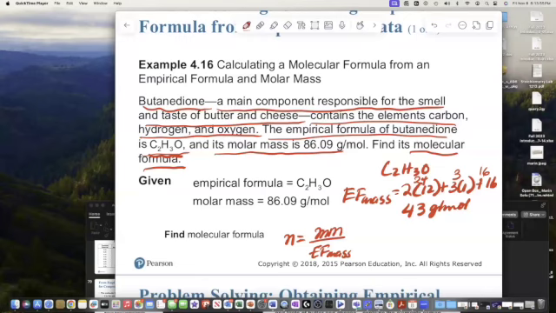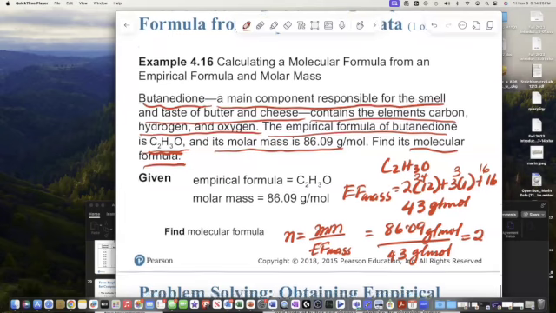N has to be an integer, so either 1 or above 1. It cannot be less than 1. Okay, so here, let me see. I have 86.09 grams per mole, and then divided by 43 grams per mole. So that ends up being 2.